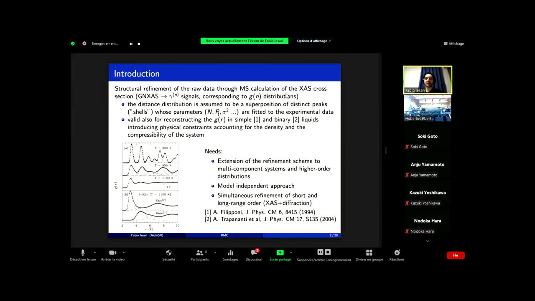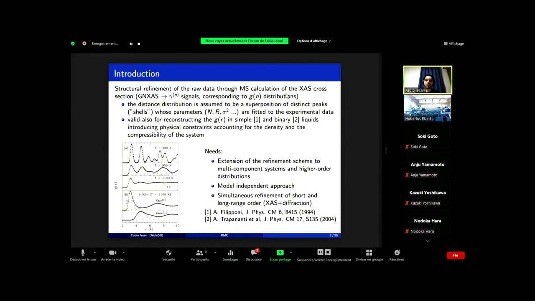Now, of course, this works very well with crystals, because the pair distribution function has clear peaks: the first shell, second shell, third shell, and so on. But if you look at a disordered system, we have distribution functions which are like this, which have some shells, but they are not clearly defined as in the crystal case.